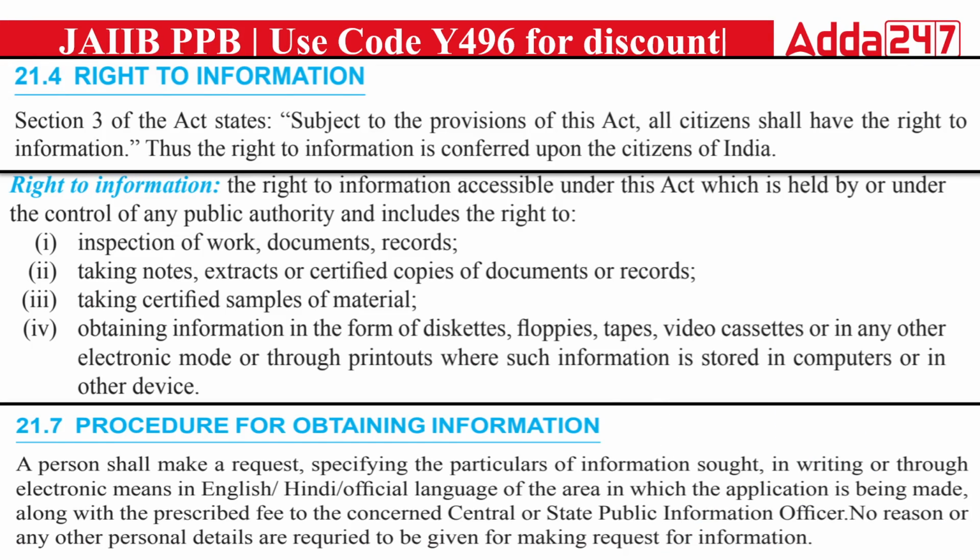Okay. Apart from that, what is the procedure for obtaining the information? A person shall make a request specifying the particulars of the information which is sought, in writing or through electronic means. It can be in English, Hindi or the official language of the area. Okay, with the help of this written request, you can ask for any kind of information.